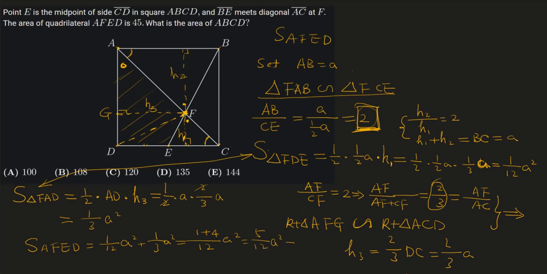And don't forget, this equals 45. It's here. The area of the quadrilateral AFED is 45. So we solve this equation. A squared equals 45 times 12/5. We cancel this 5, we get 9 here.